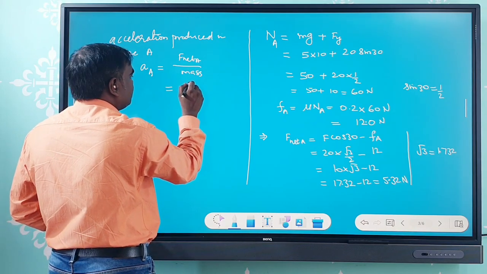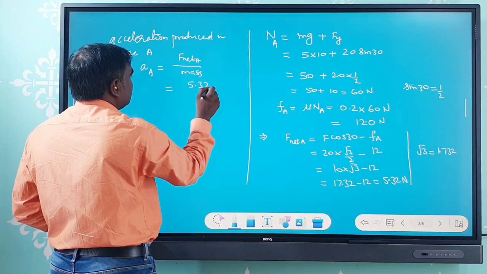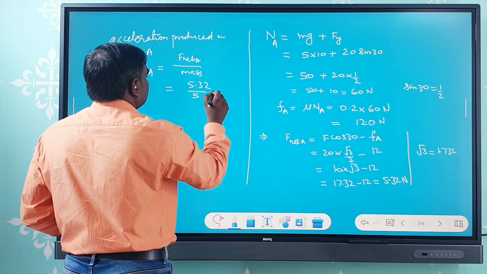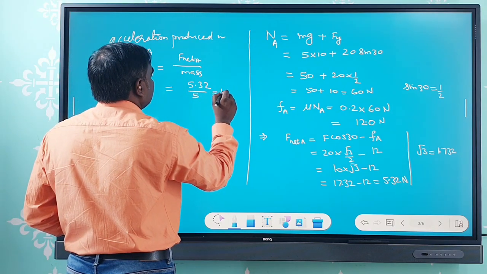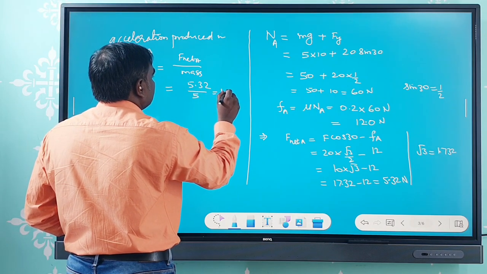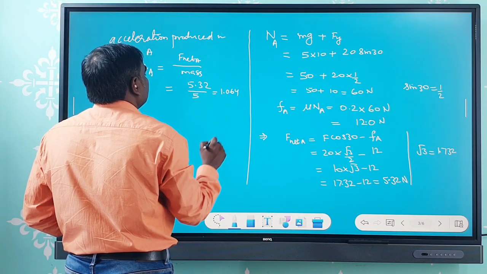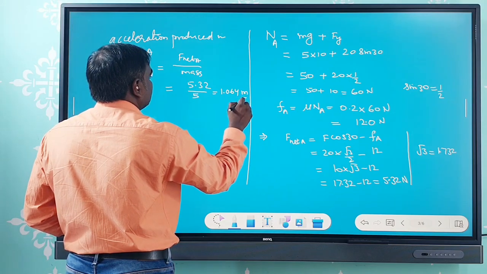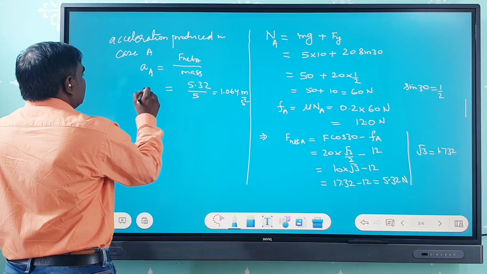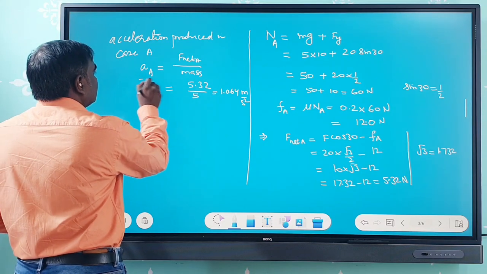So that is 5.32 upon 5, right? This is the acceleration, 1.3064 meter per second square. So this is the acceleration a in case A.